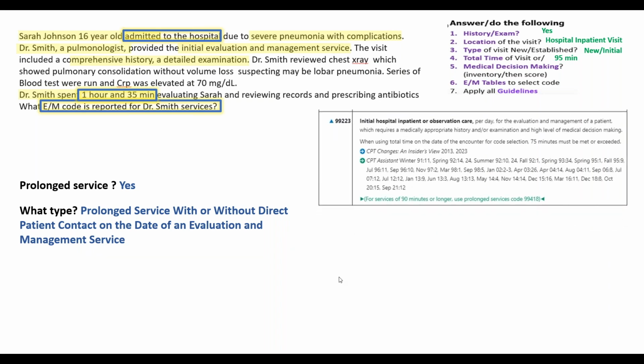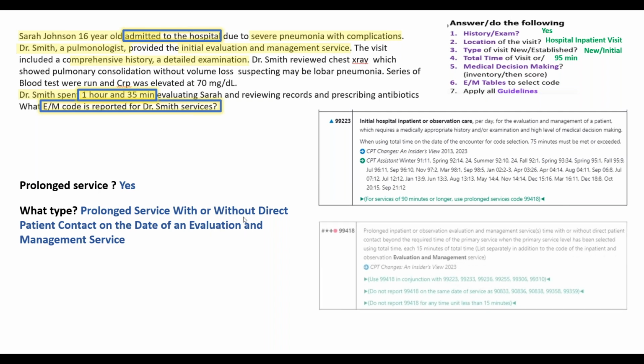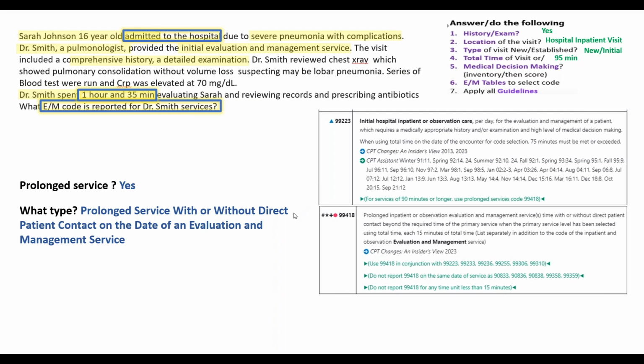And let's look into the CPT codes. Let's look at 99223 and 99418. For 99223, when using total time on the date of encounter for code selection, 75 minutes must be met or exceeded. Yes, that criteria is satisfied here. We have a total of 95 minutes.